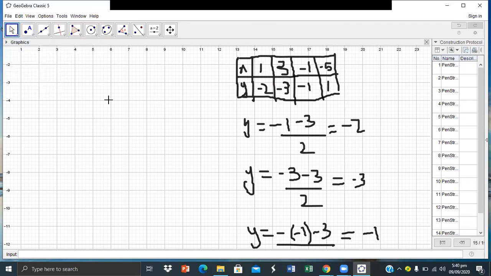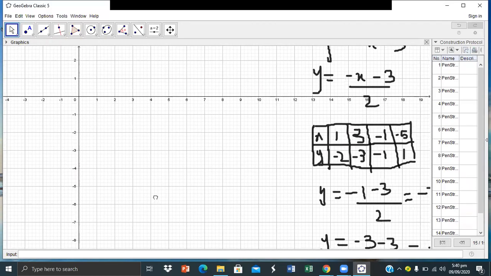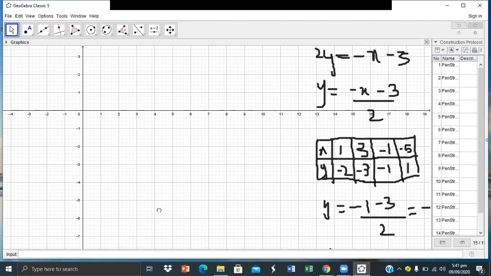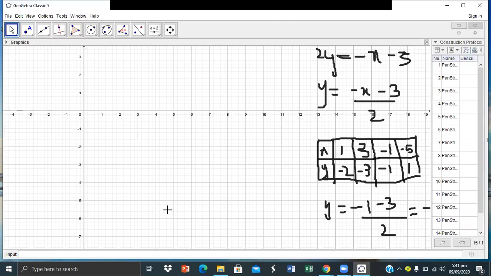Now when we have found all the values of x and y, we try to plot them on graph paper. Again, the scale remains the same, 5 small squares equal 1. So x is 1, y is minus 2, mark the point here.